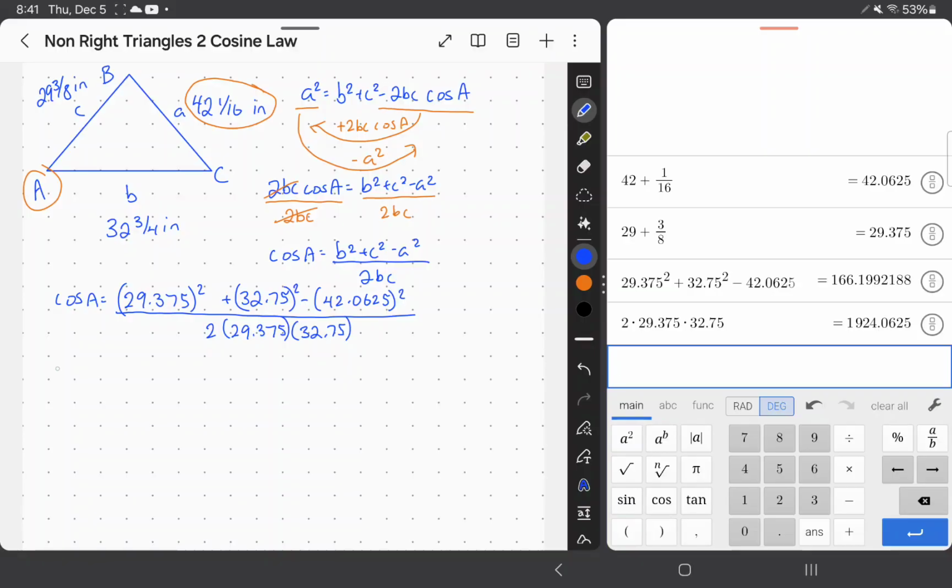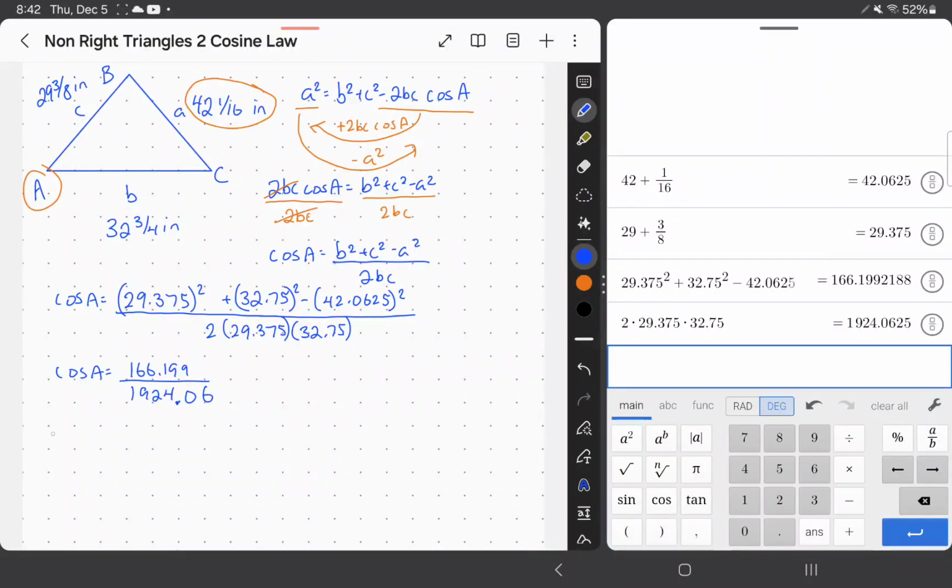All right, so let's put this in. So cosine of A is going to be equal to the top, which was 166.199. I'm just keeping some of the decimals here. I'm not being super rigid with how many I take, but I'm just trying to avoid some rounding error.